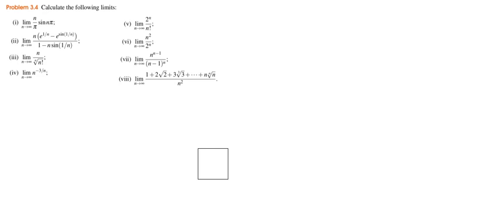Now let's see. Three. No, we just did 3. 4. The limit when n goes to infinity of, let me rewrite this, the nth root of 1 over n cubed.